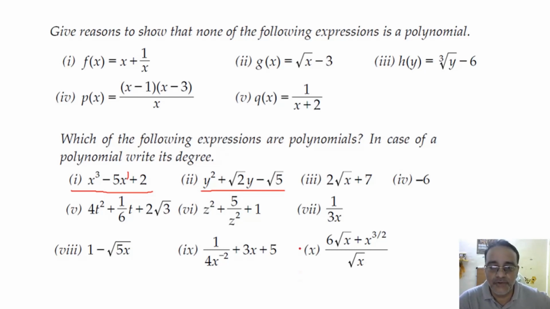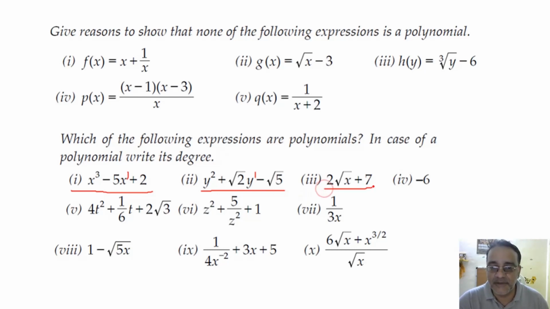Wait, you should not see the constant, कोई भी real number हो सकता है. Only you have to see the power of the variable. See, the power of the variable is 2 and the power of the variable is 1 here. So now you tell me whether it is a polynomial? Yes, because the power of the variable is non-negative integer here.